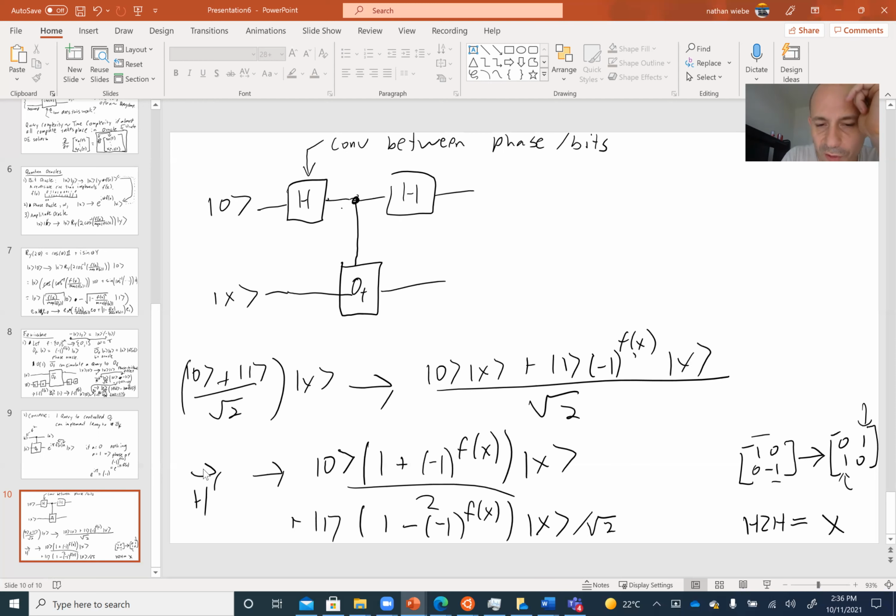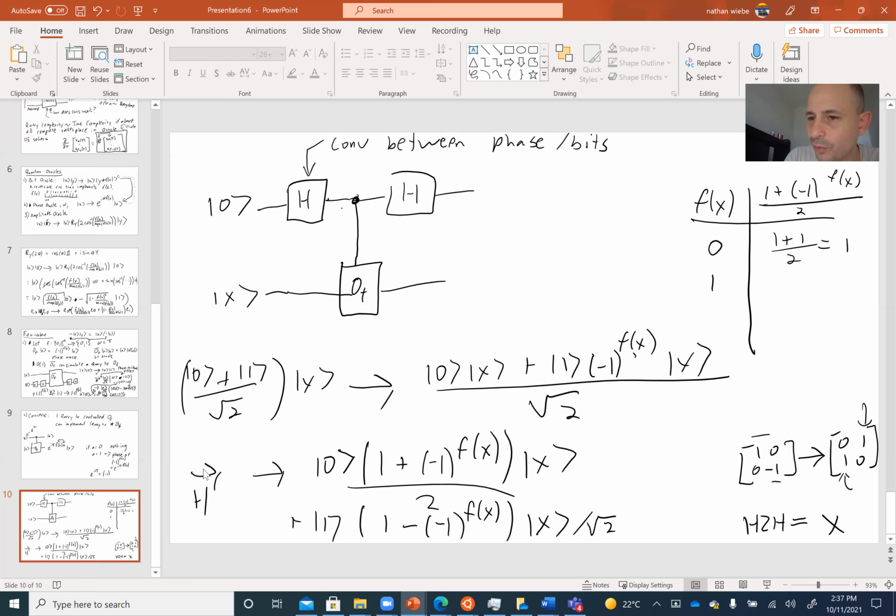Okay, cool. So let's just consider a truth table here. Here's a value of f(x), and now we're going to compute (1 + (-1)^f(x))/2. If f(x) is 0, because again it's a Boolean function, then this is (1 + 1)/2 = 1. And if f(x) is 1, then this is (1 - 1)/2 = 0.